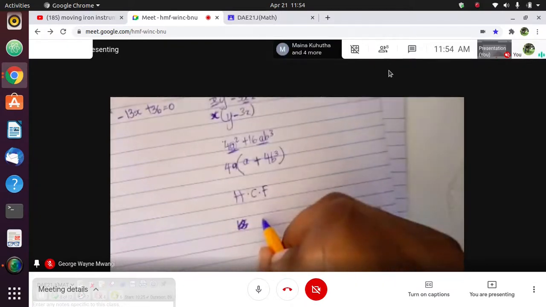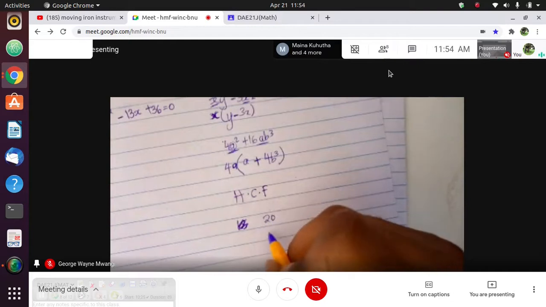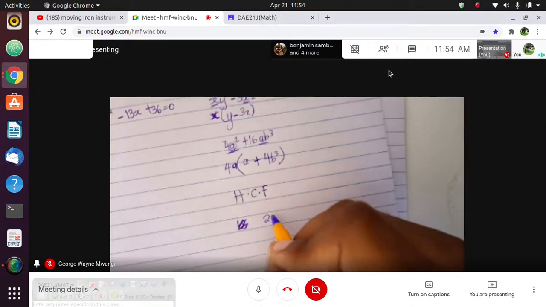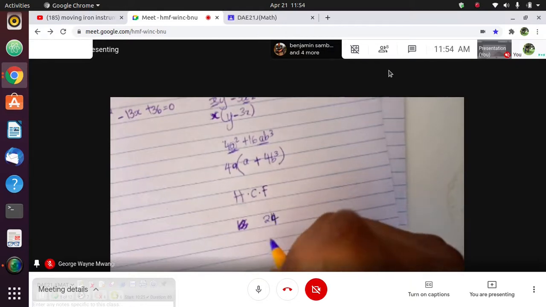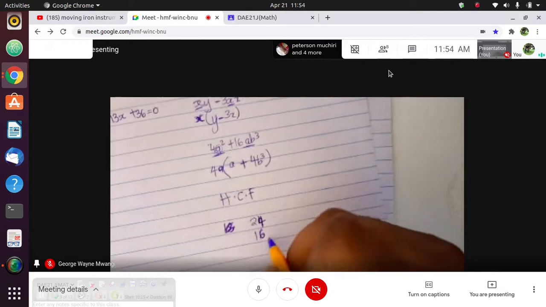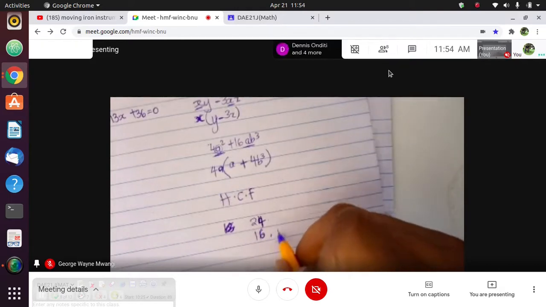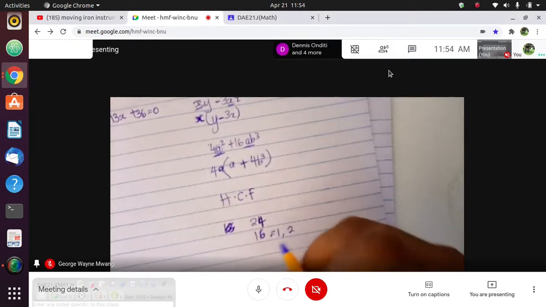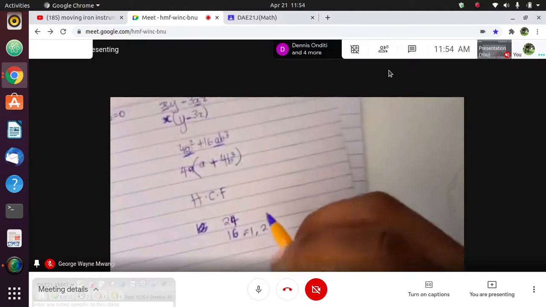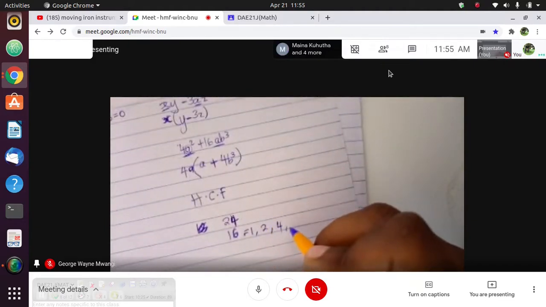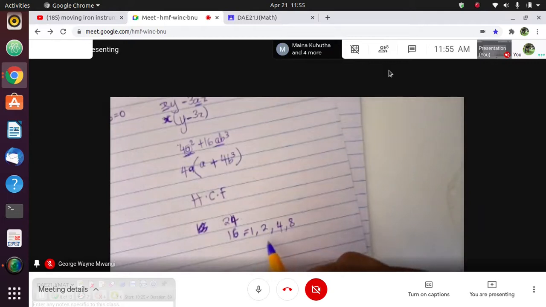Uko na number 20, and you have the number, give me a number, patia tu number. No, 24 is the best to use. And we have a number, let's say 16. Now the factors of 16 ni 1, 2, 4, and 8. These are the numbers that you can multiply to get 16.